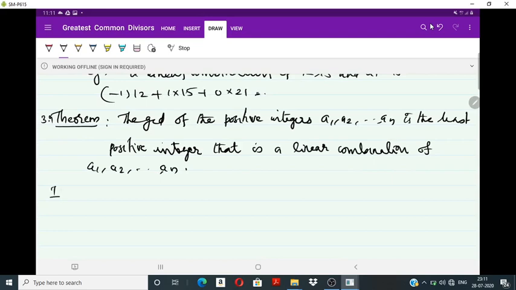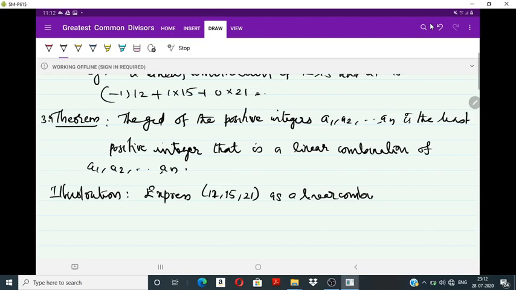So the illustration, we need only the statement. The illustration of the theorem is, for example, consider the question: express the GCD of 12, 15, 21 as a linear combination of 12, 15, and 21.